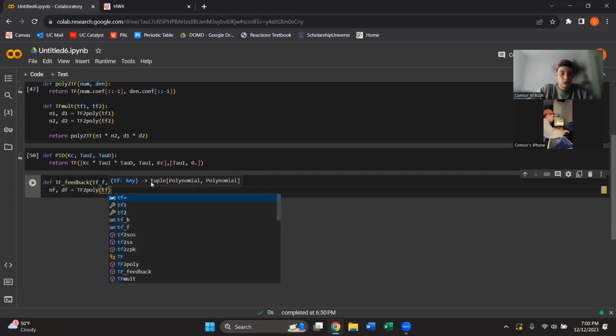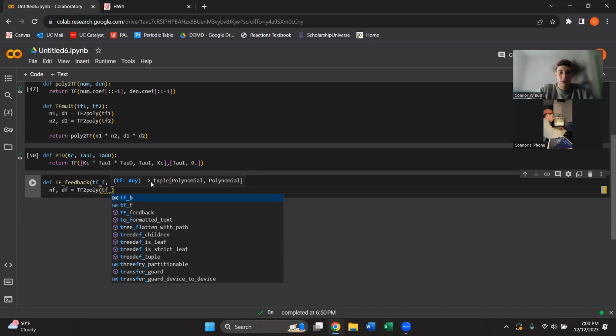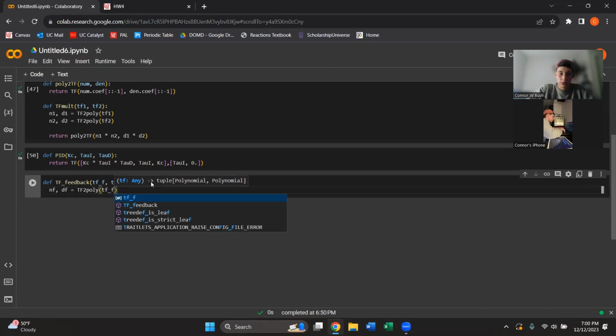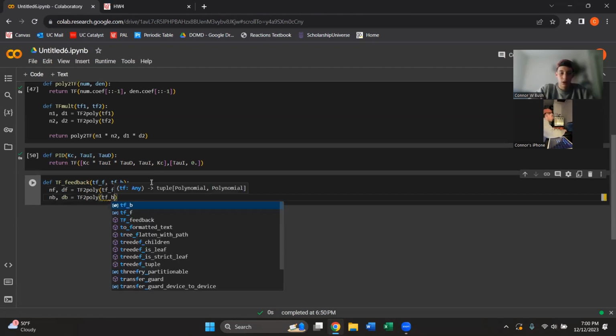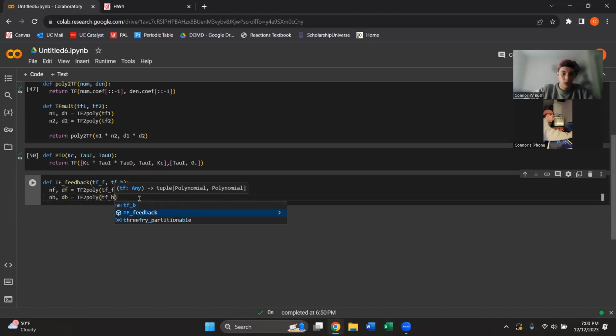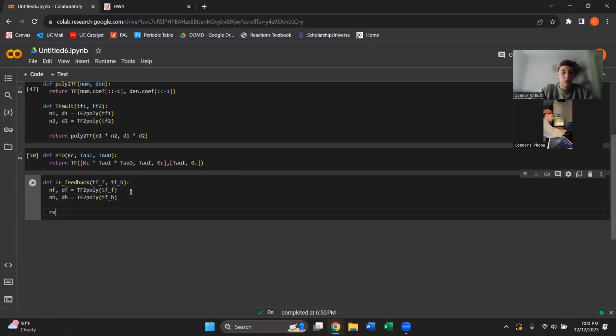So we're going to use tf to poly for that forward transfer function. And similarly, our numerator backwards and denominator backwards, we're going to retrieve from our polynomial of the backwards transfer function. And then from there, we want to return. Since we are now working with polynomials, we need to go back to a transfer function.